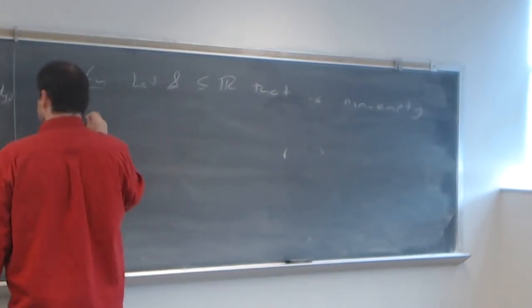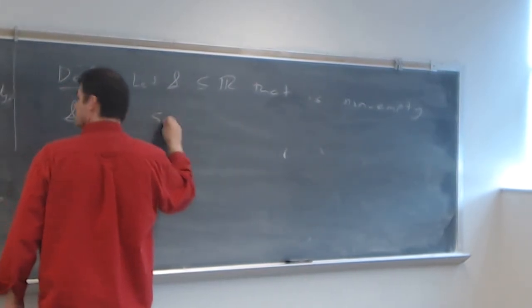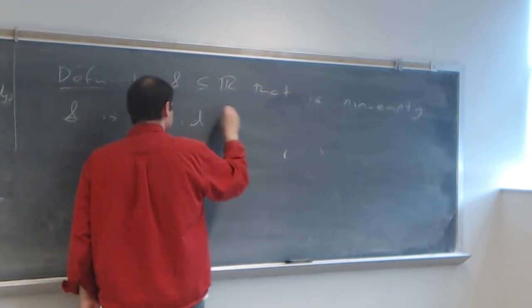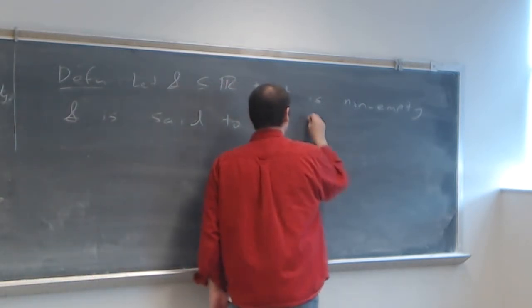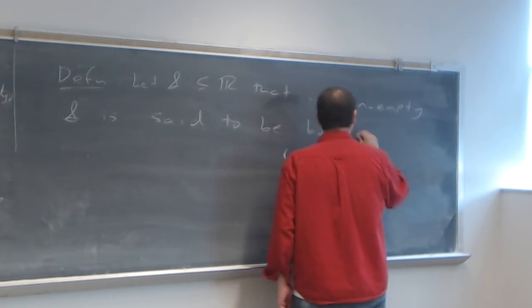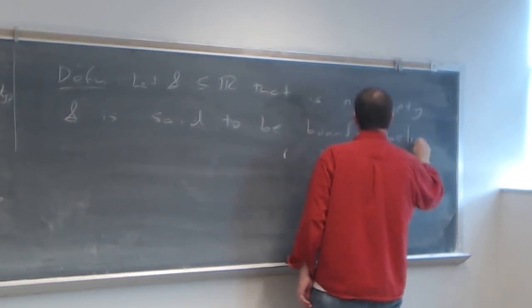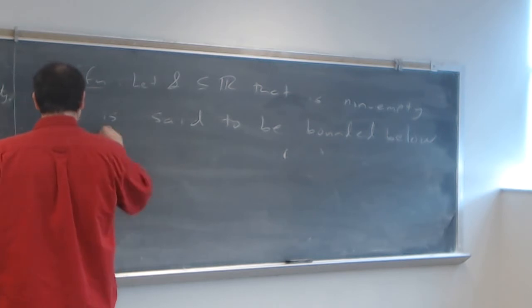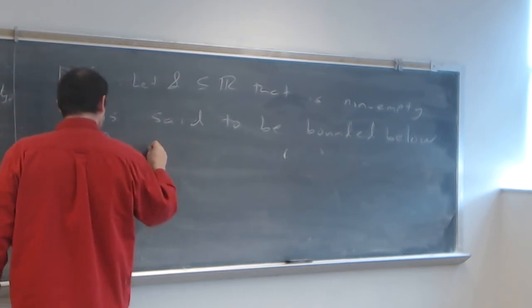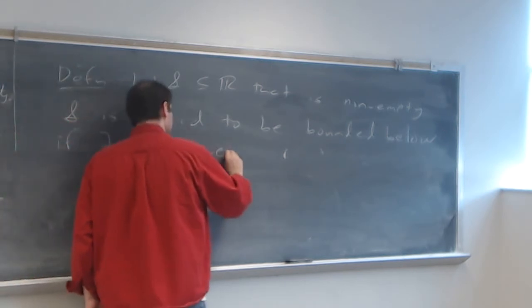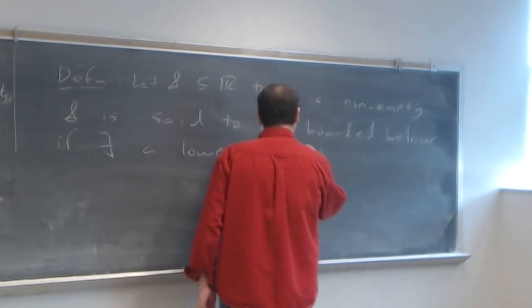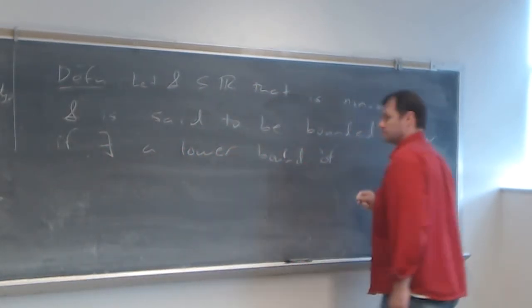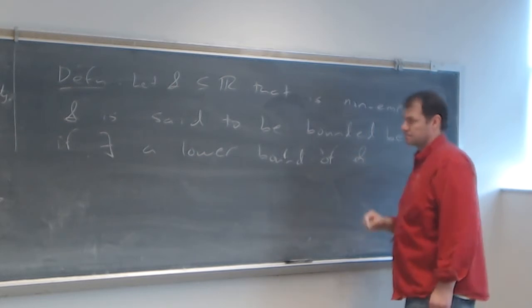And we say script S is said to be bounded below if there exists a lower bound of S.